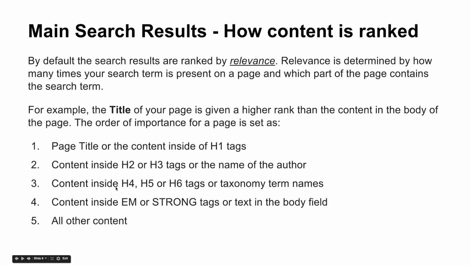Number three, content inside of H4, H5, or H6 tags or taxonomy term names. Number four, content inside an em tag or a strong tag, or in the text of the body field. And then lastly, other content. Actually, I don't think there is other content that exists besides those, but we're leaving that open.